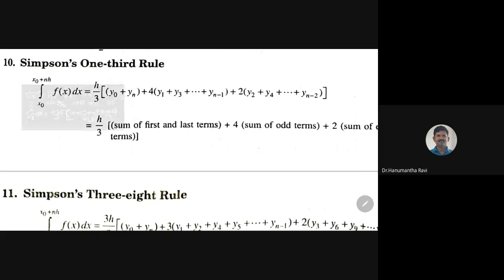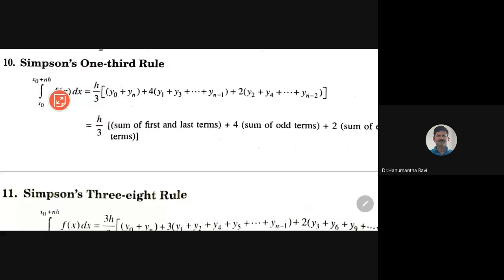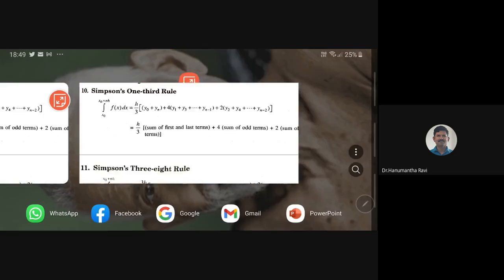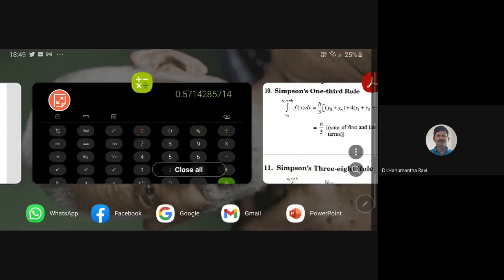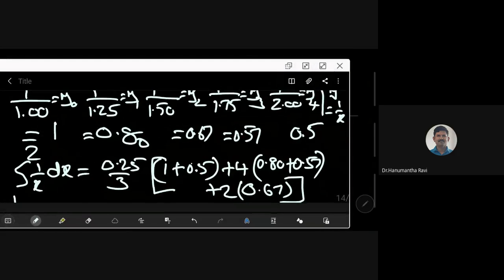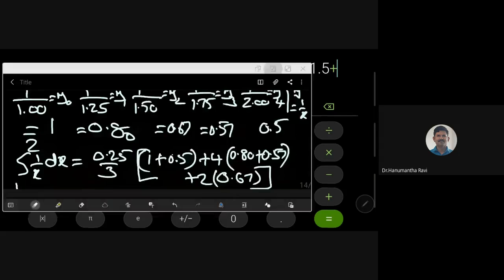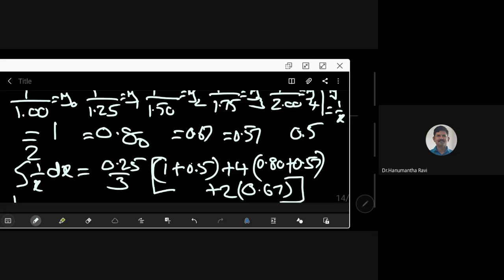So now we will simplify this. What is this? 1.5 plus, in the parenthesis I'm talking about, 0.80 plus 0.57.